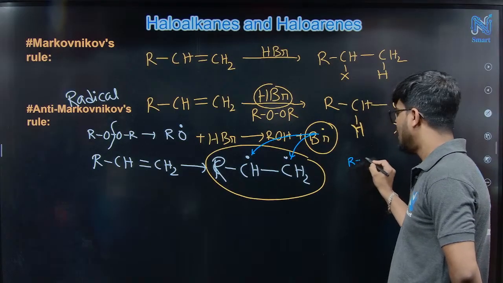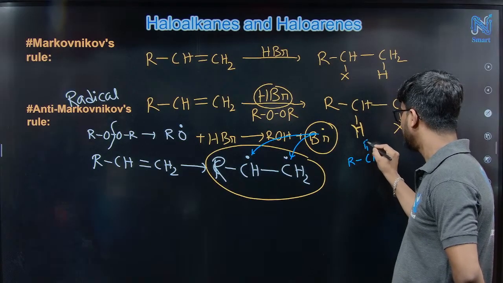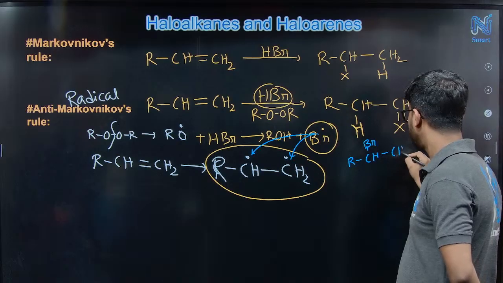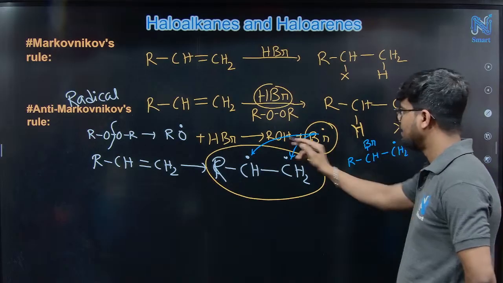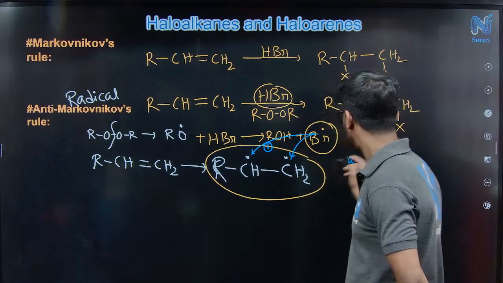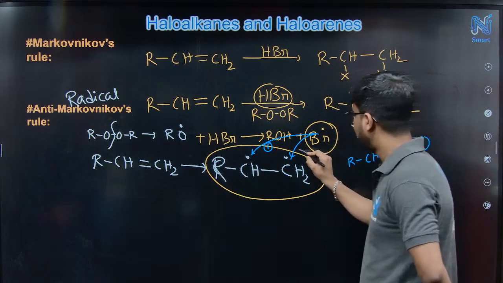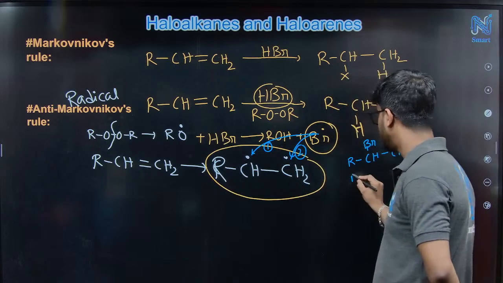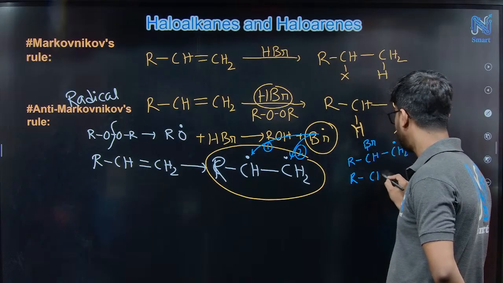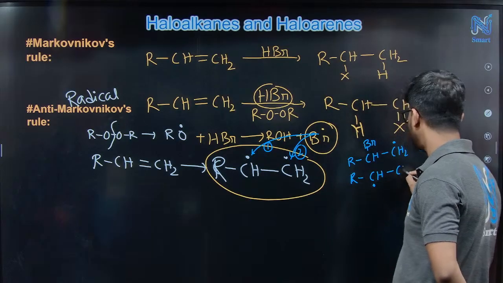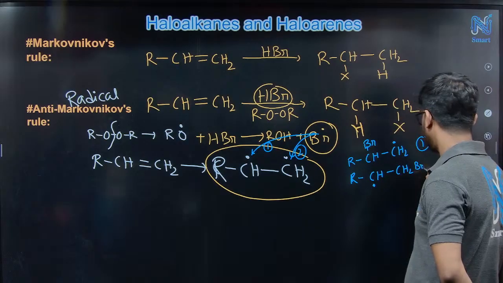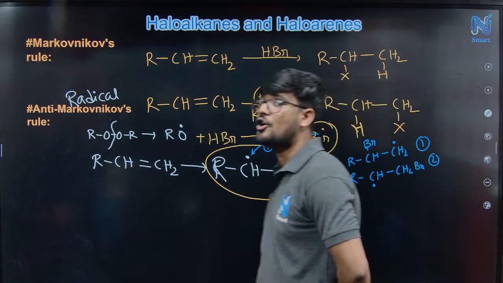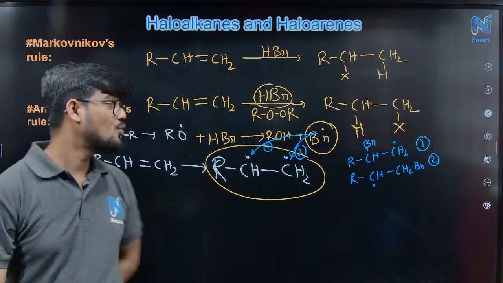First one, R-CHBr-CH2 radical. And if you consider the second one, what product will you get? R-CH radical-CH2Br. This is the second one. So one or two, which one is more stable?